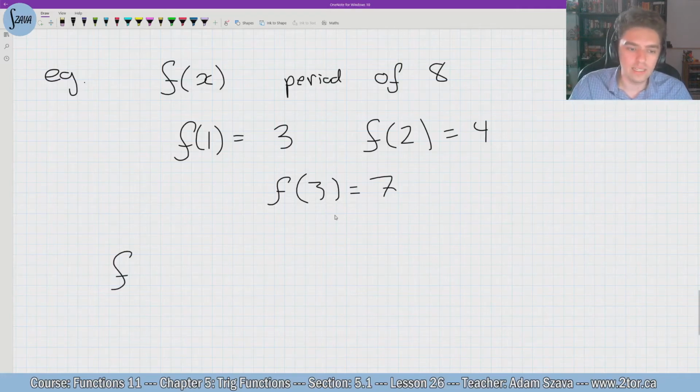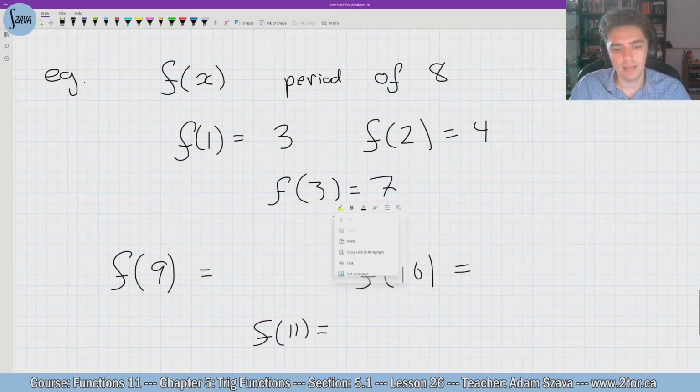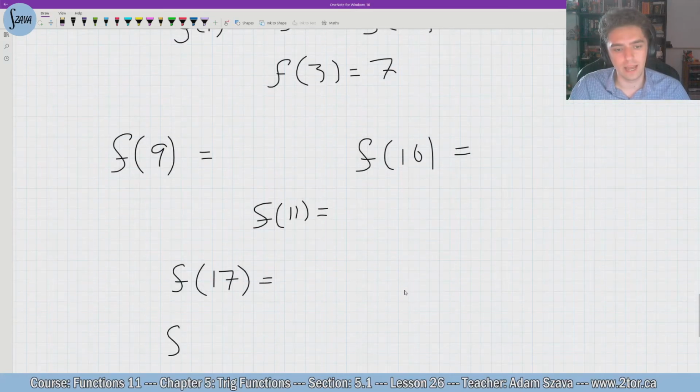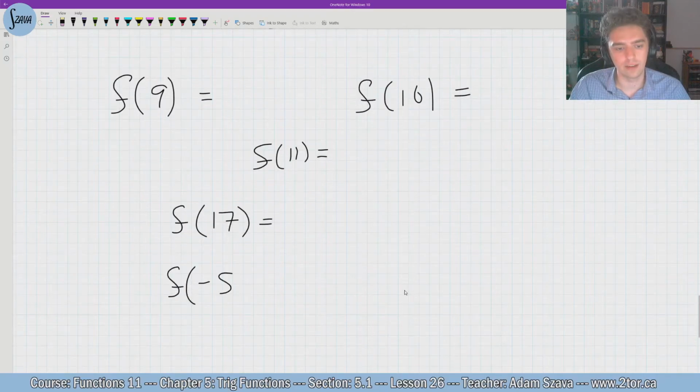Then what is f of 9, f of 10, f of 11, and what would f of 17 be, and f of negative 5 be. Okay, there we go.